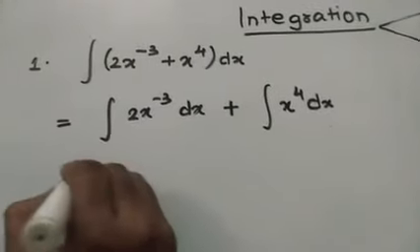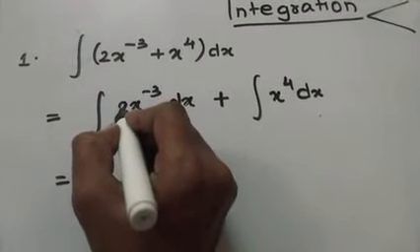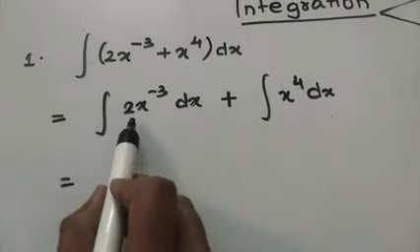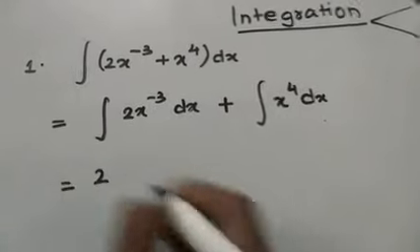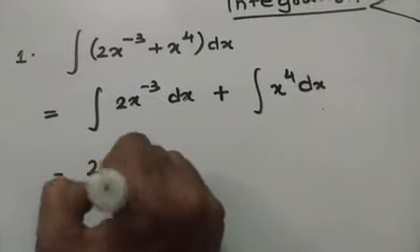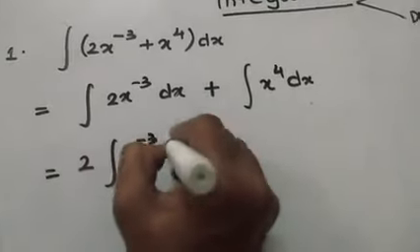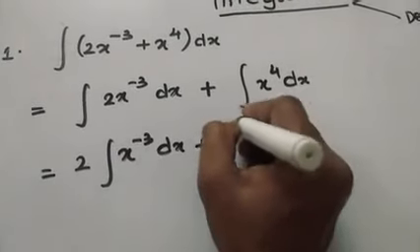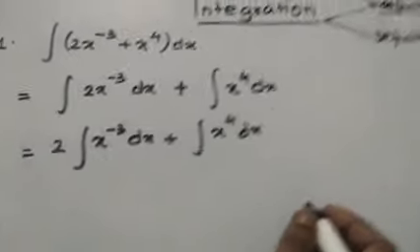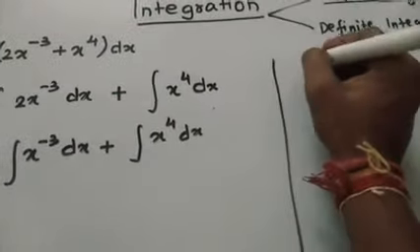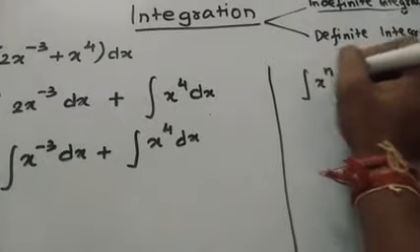Now again the same logic: 2 is a constant, so we can take the constant out of the integration. That is, 2 comes out of the integration, integral of x to the power minus 3 dx plus integral of x to the power 4 dx. Now what was the formula for x to the power n dx?